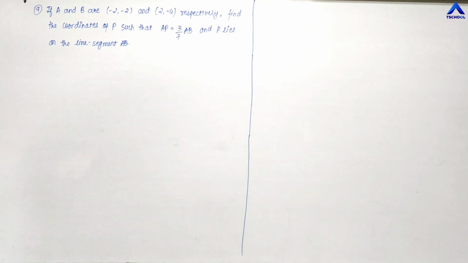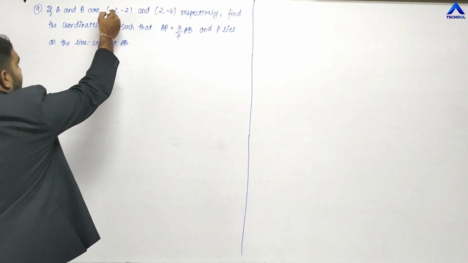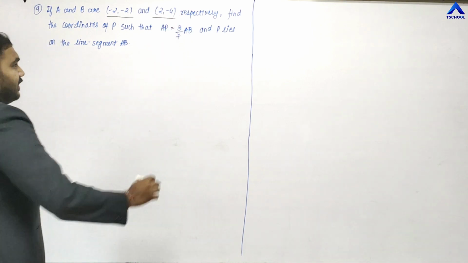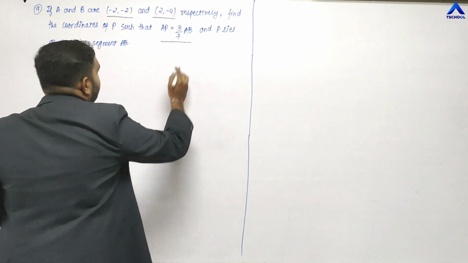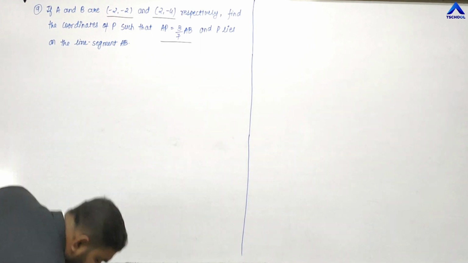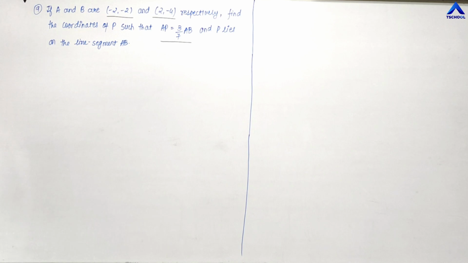We are given a condition here, friends. We are given a question here that the coordinates of A and B are given. This is the coordinate of A and that is the coordinate of B. And this is given that AP equals 3 upon 7 AB. Right? That means you can say that AP is 3/7 part of AB.